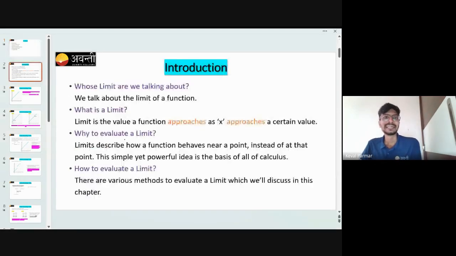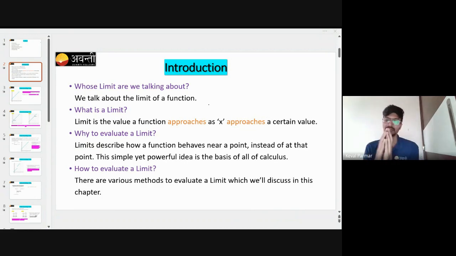So let's talk about limits. Now, whose limit are we talking about? Let me make you understand that all the chapters in calculus that we do are basically analyzing the function.